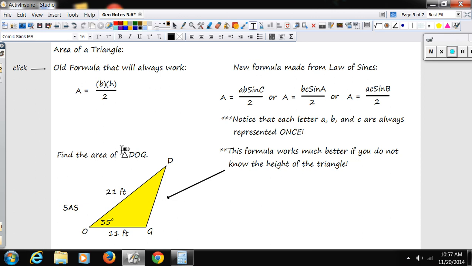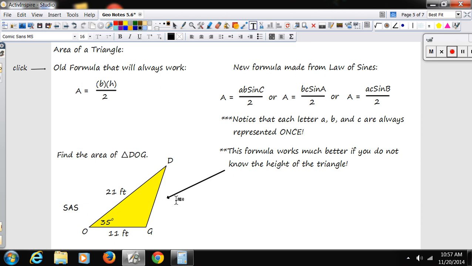It's just when you've got something like this, it would take a lot of work to find the base and the height of that triangle. I would have to draw in some right triangles and try to figure out using SOHCAHTOA how to get the height, and then how to get the base. It would take a lot of work.